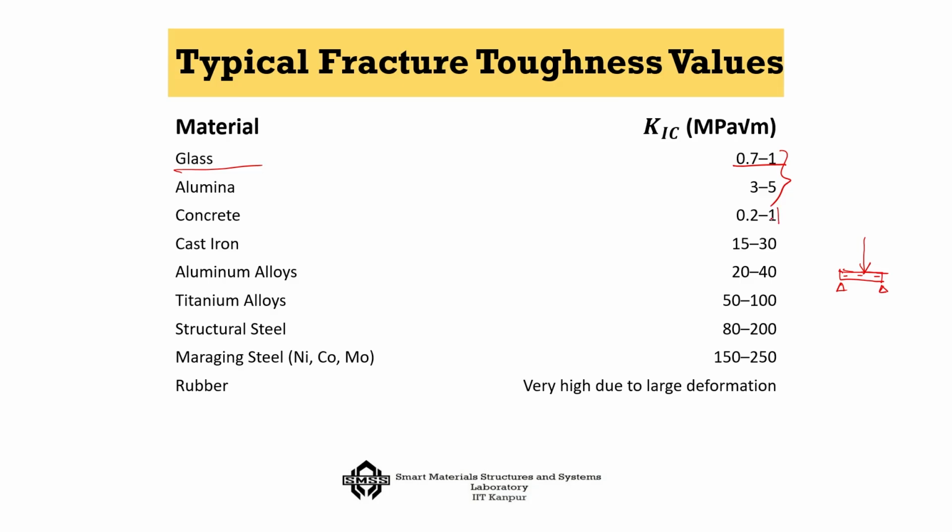In fact, if you consider the metals, cast iron has good fracture toughness, aluminum alloy is even better, then the titanium alloy, then the structural steel, and one of the best is the maraging steel. Interestingly, maraging steel is different from structural steel in that it does not contain carbon.